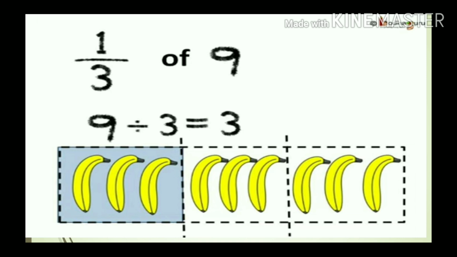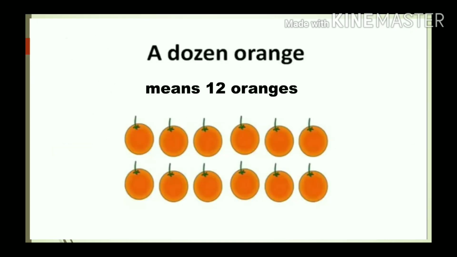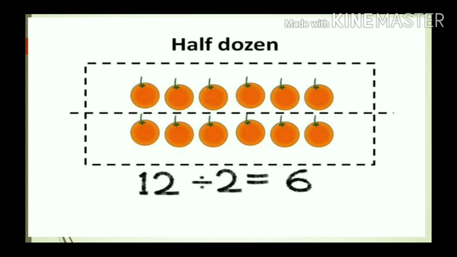Now let's see how we can share a dozen oranges into halves. A dozen oranges means 12 oranges. Here you can see in this picture 12 oranges are given. Now you have to divide the oranges into half.